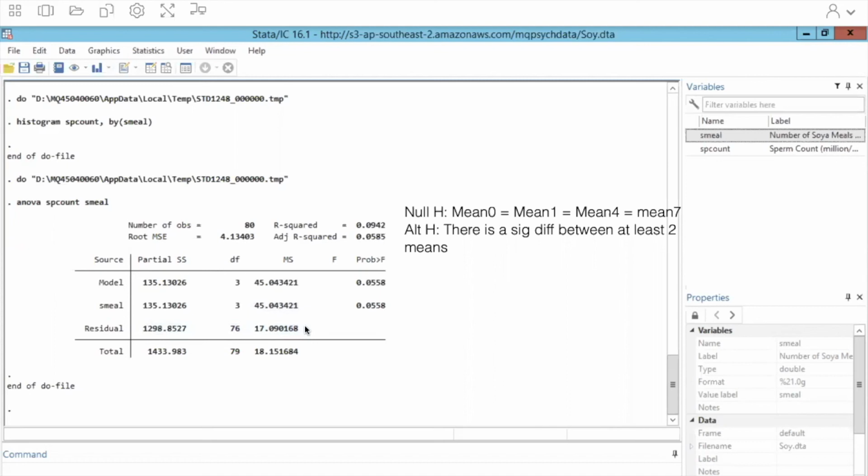This essentially makes the F statistic a ratio between variability accounted for by our manipulation divided by variability unaccounted for. So, F equals variability explained by the manipulation divided by variability not explained, or rather error.